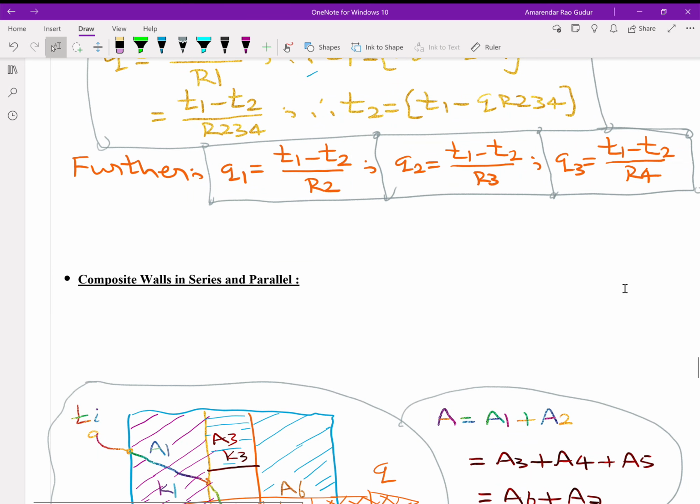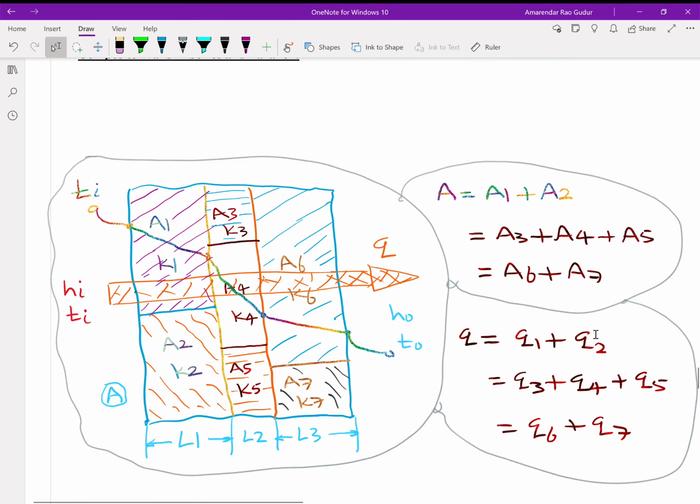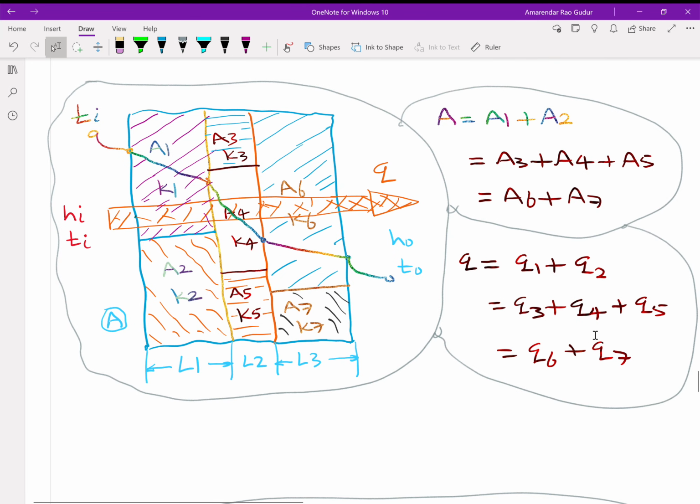Now one can combine both these concepts to get a very general situation of composite walls in series-parallel combination. In series-parallel combination, you can see in series you have three thicknesses L1, L2, L3. The first layer of thickness L1 is split into two parts, A1, K1 and A2, K2.